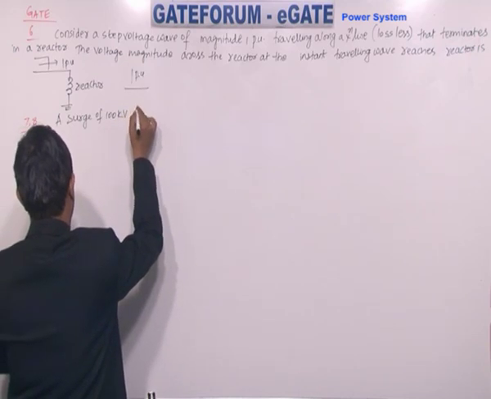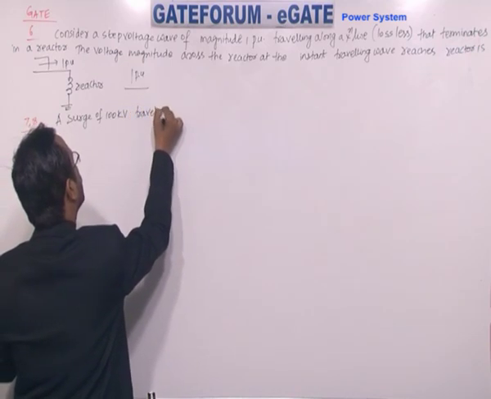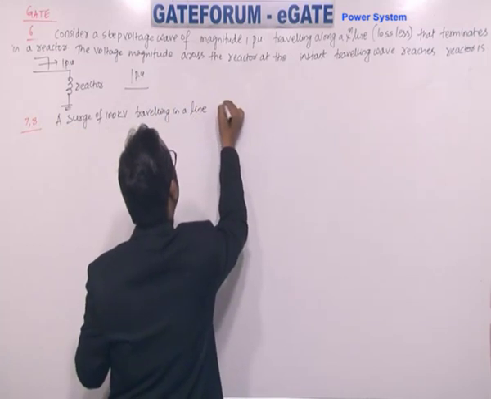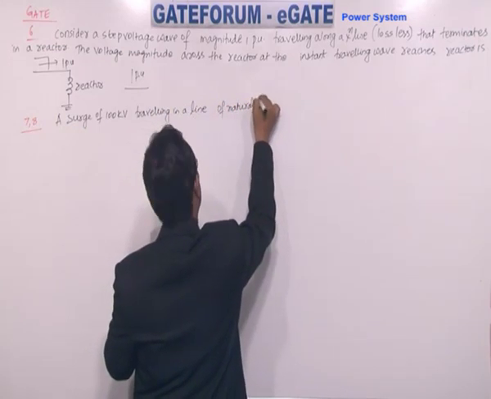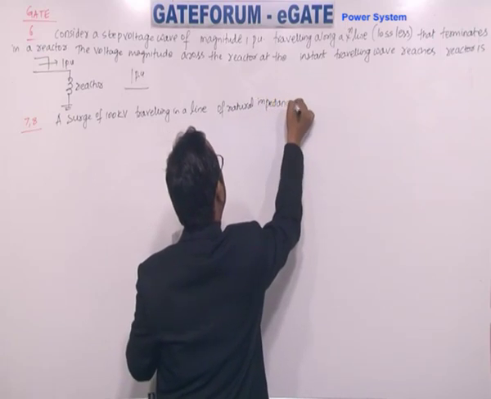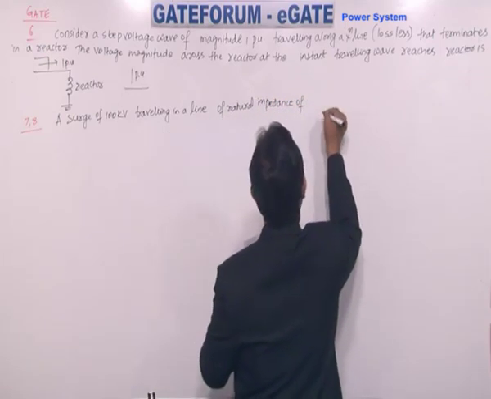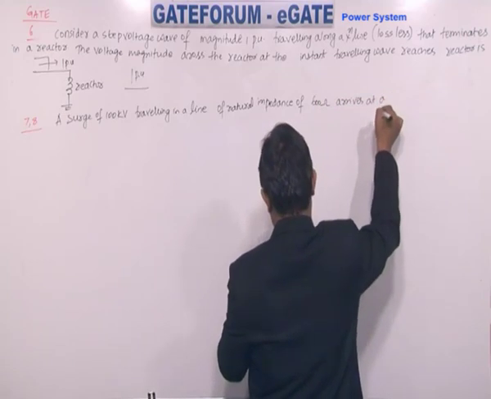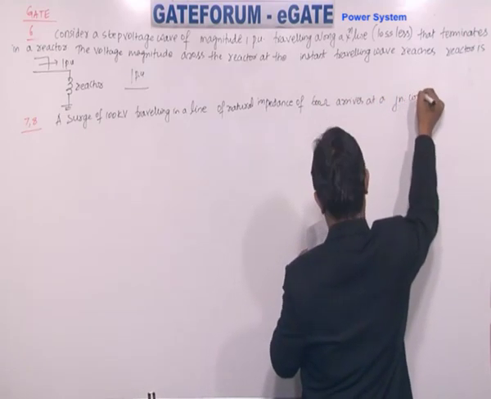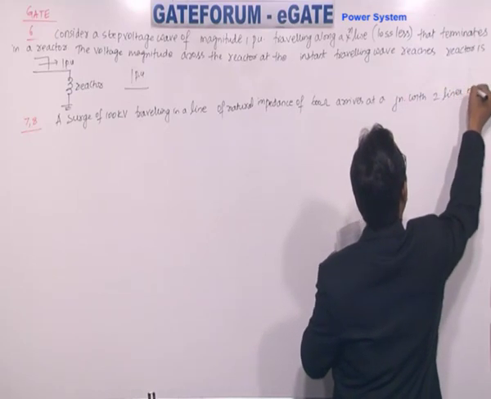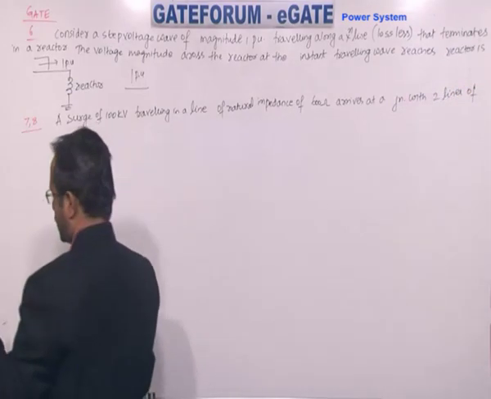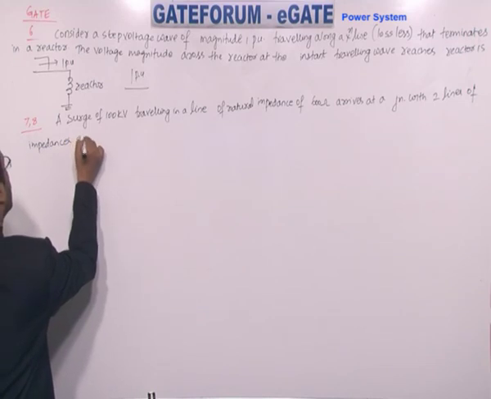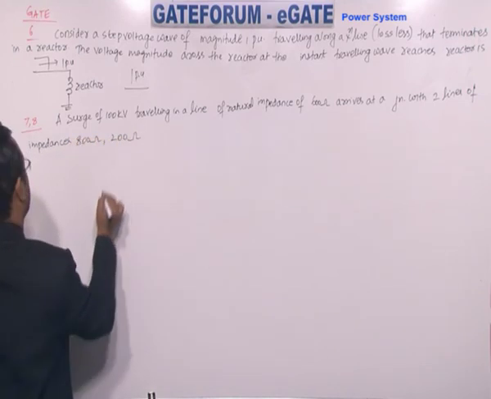A surge of 100 kV traveling in a line of natural impedance 600 ohms arrives at a junction with two lines of impedances 800 ohms, 200 ohms.